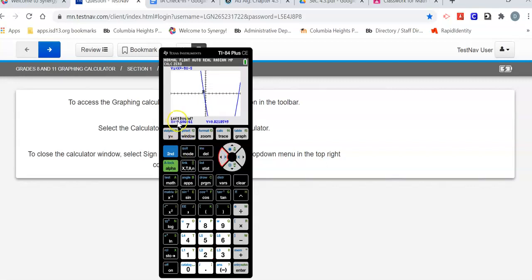For left bound, I want one of my y values to be positive and really close to the x-axis. We have 0.8. Can we get closer, staying positive? Looks like we can't, so for the left bound I'll select 0.821. Then for the right bound, I'll click to the right one time. I'll hit enter, and the graphing calculator will estimate for me. When y equals 0, x is about negative 0.525.